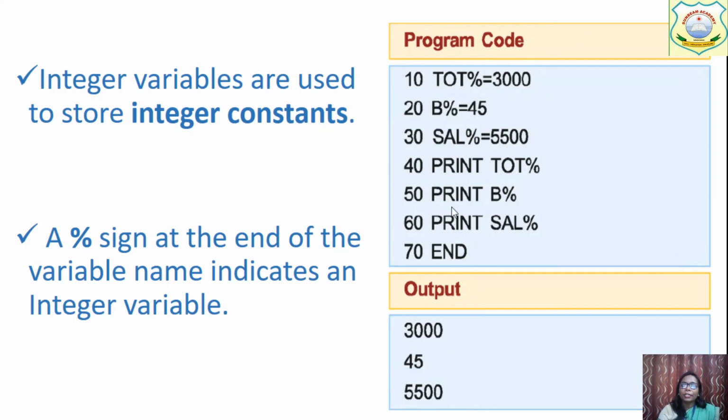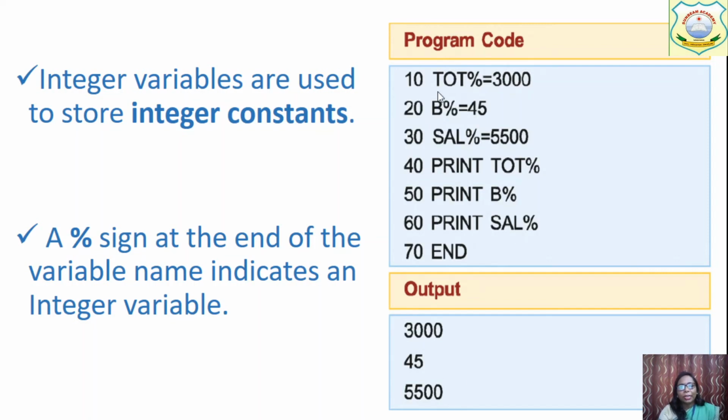Now in the next line we have print B percentage. The value in this variable is 45. The output is 45. Again, when we write print cell percentage, the value inside cell is 5500, so it will print the value inside this integer variable.